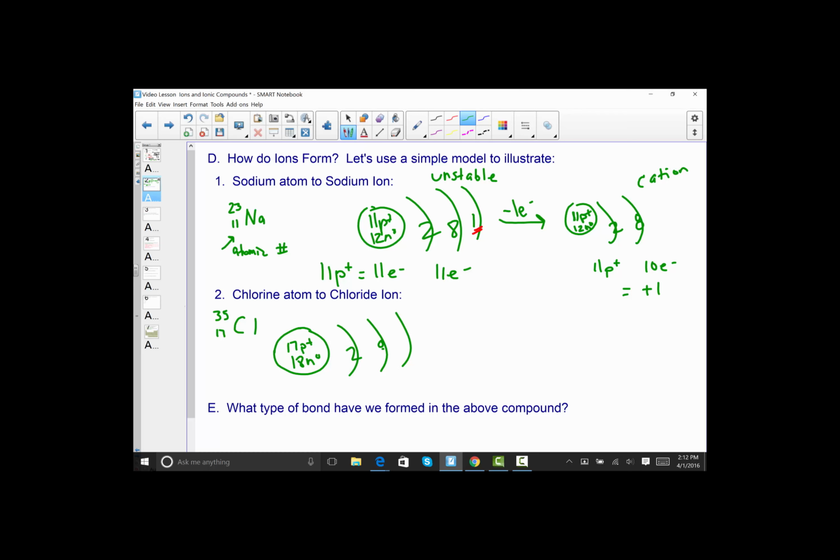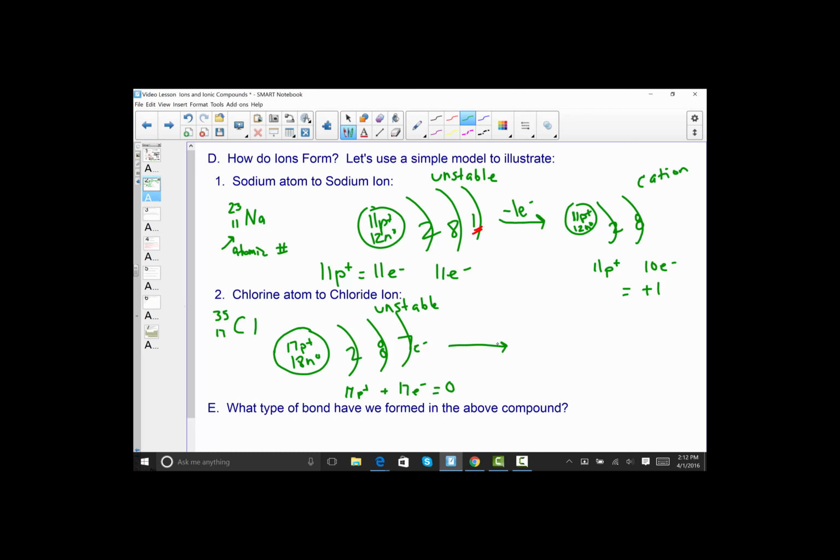A total of 17 electrons to balance the 17 positive protons, giving us a net charge of 0. Atoms are neutral. But this is an unstable arrangement simply because atoms would prefer having their outer energy level the same as a noble gas, a full outer shell.